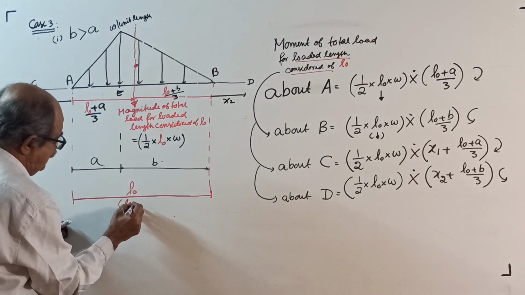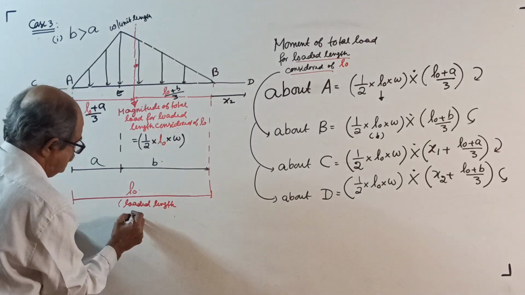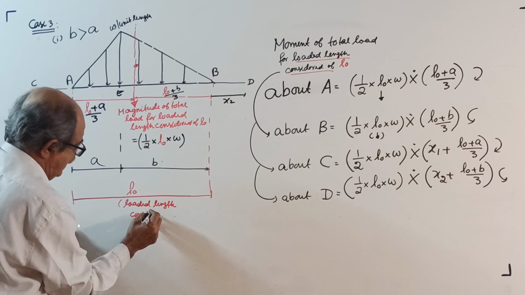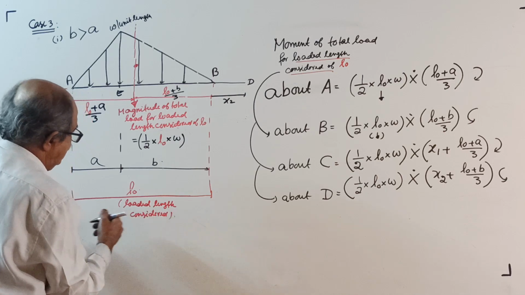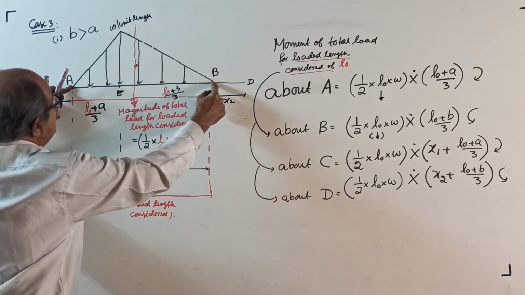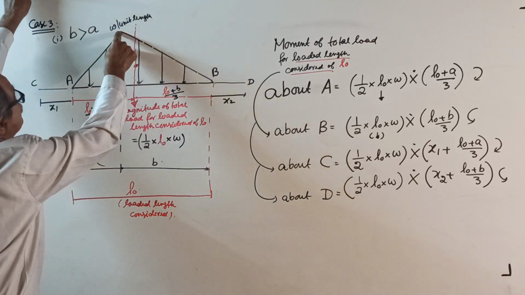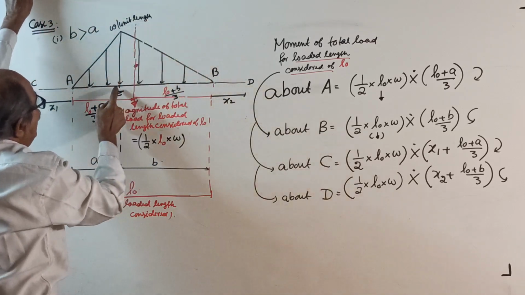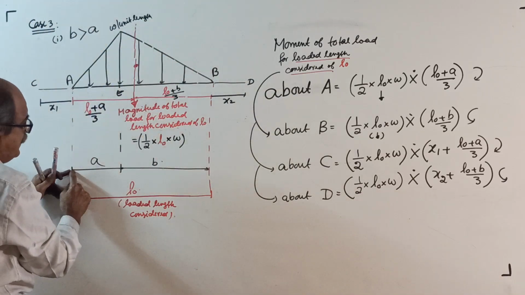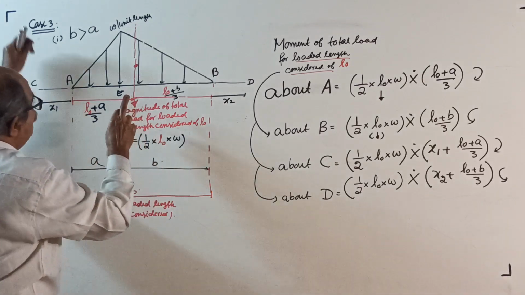Then the right end of the loaded length has intensity 0. From both sides it increases linearly to the maximum W per unit length at a point E, from the left side A, from the right side B. Okay, now start.